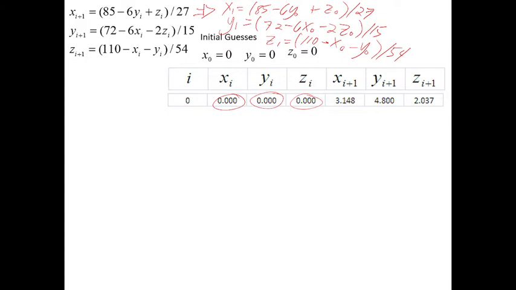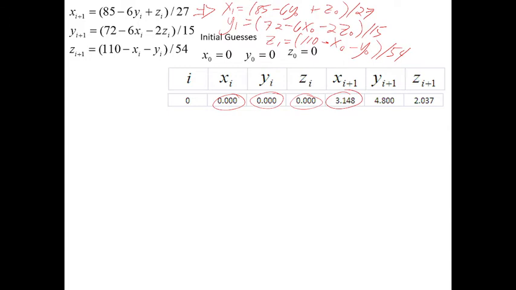So, we have 85 minus 6 times 0 plus 0 over 27. We get 3.148. Then we consider the second one. So we have 72 minus 6 times 0 minus 2 times 0 over 15.